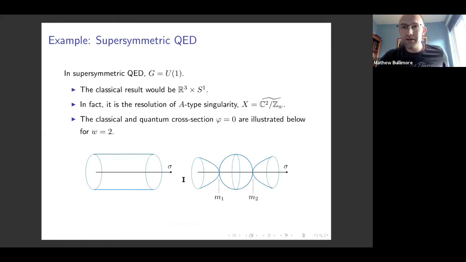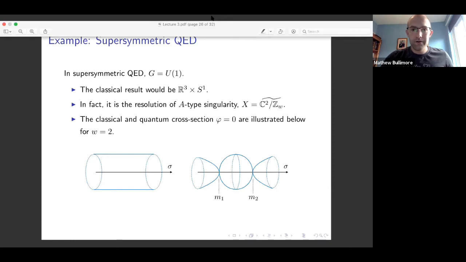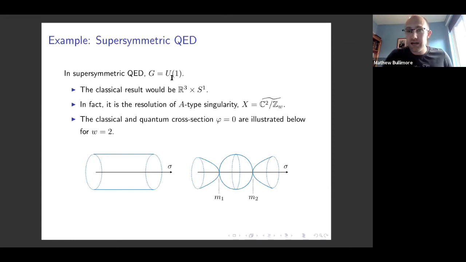So let me continue with my example that I followed throughout the lectures, which is supersymmetric QED. So in this case, the gauge group has rank 1. It's U1. And so the classical result would just be R3 times a circle. So R3 being parameterized by the three scalars in the vector multiplet, and S1 by this dual photon.